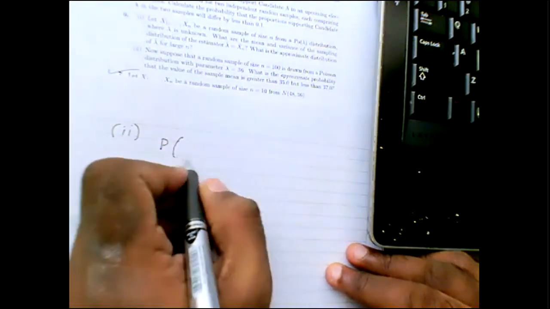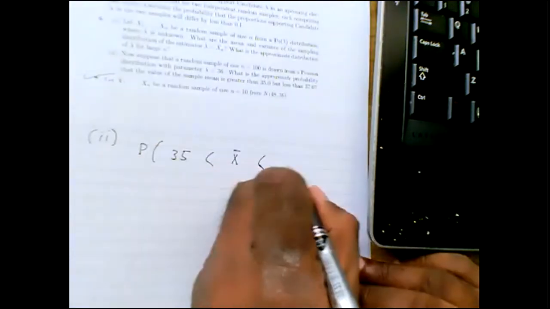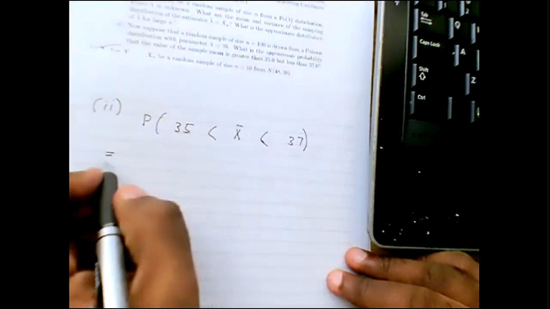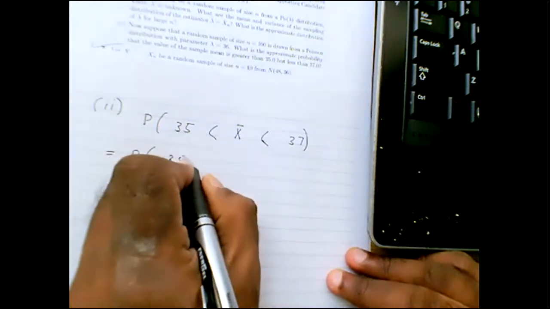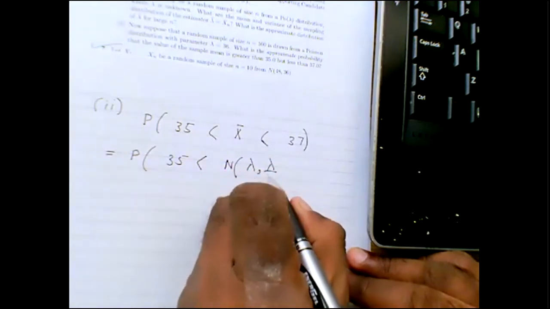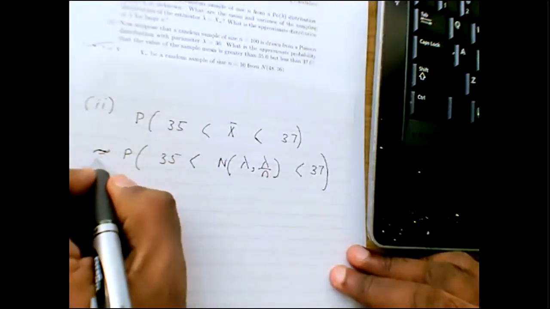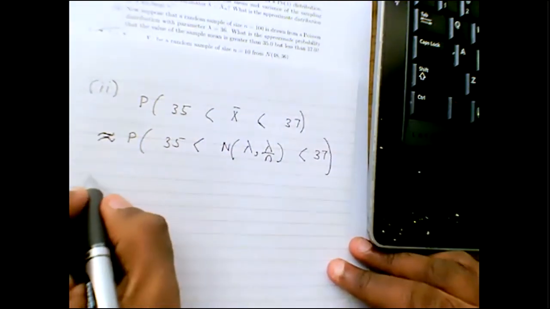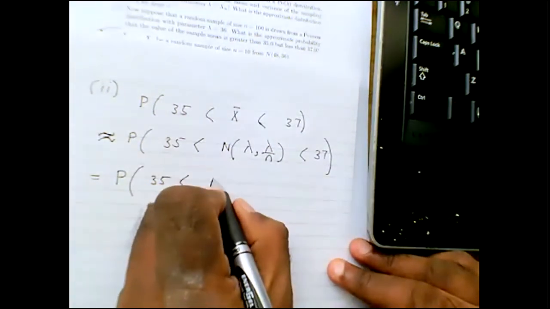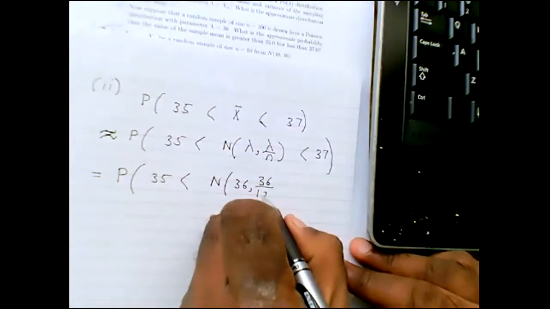The question here is to find the probability that X bar is between 35 and 37. Now we are assuming that X bar from the previous part is a normal variable with these parameters. This is an approximation; you should say approximation. Now lambda, we are told, is 36, and n is 100.